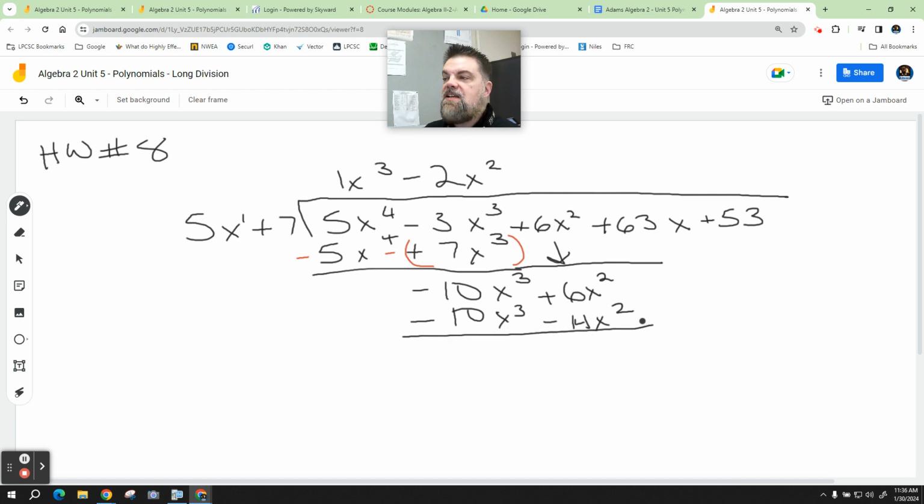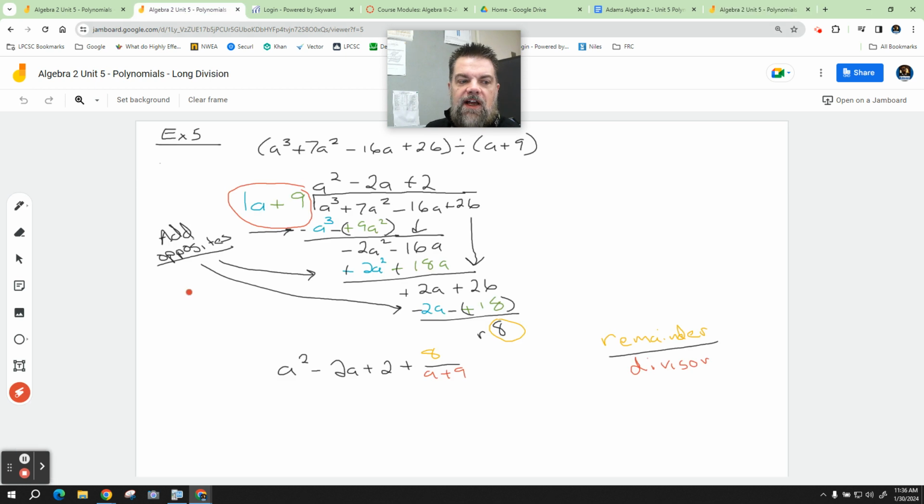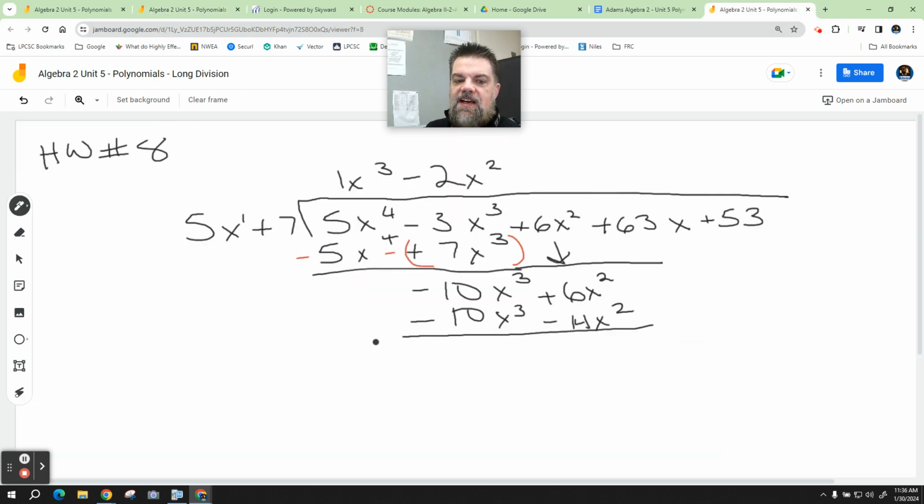Now, one of the things that I would do, this is something that Mr. Adams did as a student. If I couldn't remember what to do here, I'd look at my notes and I'd go, oh, add opposites. And I would write it down in my homework. I might abbreviate it like add opposites or add ops or whatever. And I'd point it here and I'd point it here.